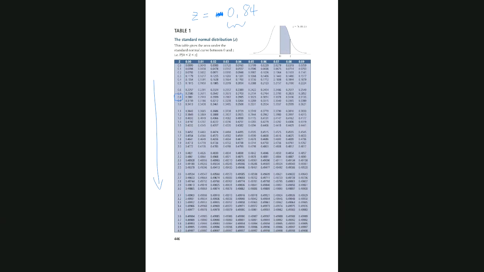Then the first 2 digits will always be 0.0, and your last digit will be the last digit from the Z value, which is 4. So you're looking for 0.04, which is here. So all the way down to this, in line with 0.8 and 0.04, you have a p-value of 0.2995. So this we can then take back to our question.